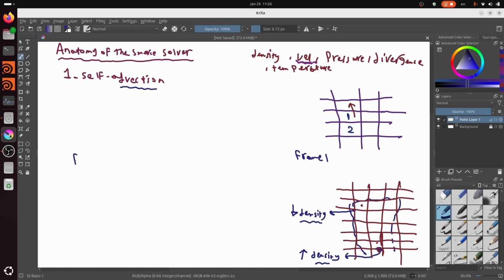Let me draw the same drawing here in frame 2.